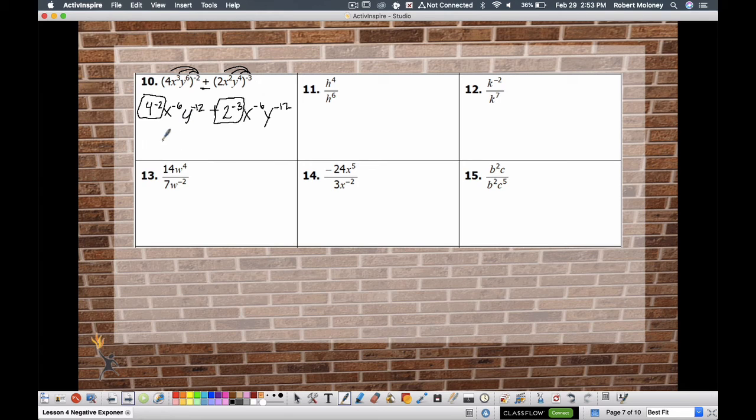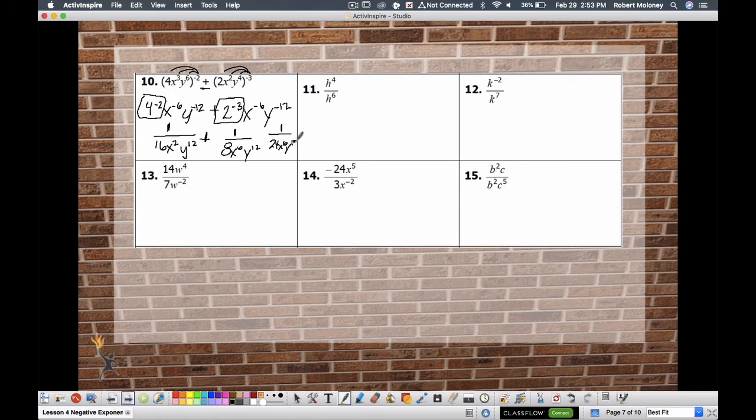So these would both turn into 1, and this would turn into positive 16 over x to the 6th, y to the 12th plus 1 over 8 x to the 6th, y to the 12th. So I'm going to go ahead and add these. I've got the same idea, so I end up having 1 over 24 x to the 6th, y to the 12th.